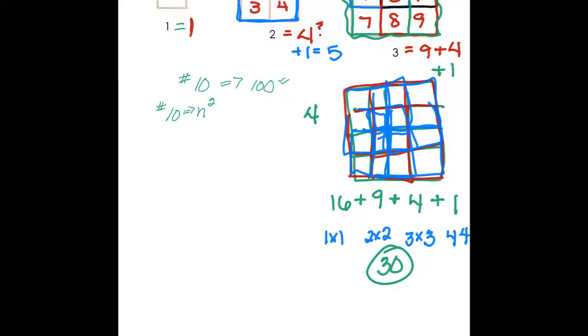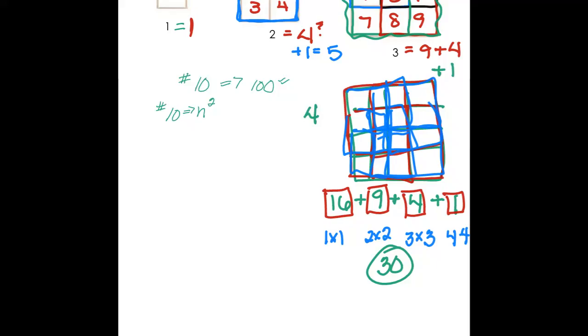But take a look at the numbers that are being added up. Do you notice anything about those? What do you notice about the numbers 1, 4, 9, and 16? What kind of numbers are those? Aren't they all perfect squares?